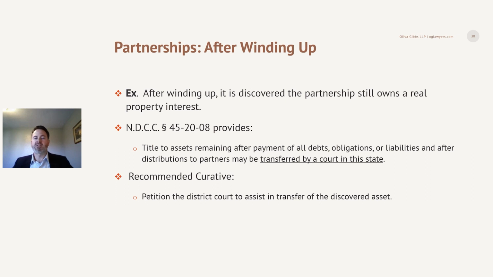Can the former partners execute on behalf of the entity after the partnership has been both dissolved and wound up? So in this case, unfortunately, they will not be able to. Section 45-20.08 pertaining to omitted assets from that winding up procedure notes that title to assets remaining after winding up may be transferred by the district court.